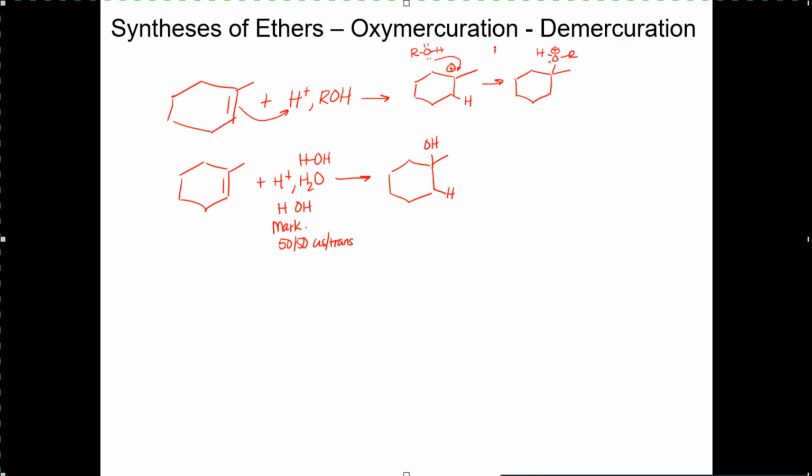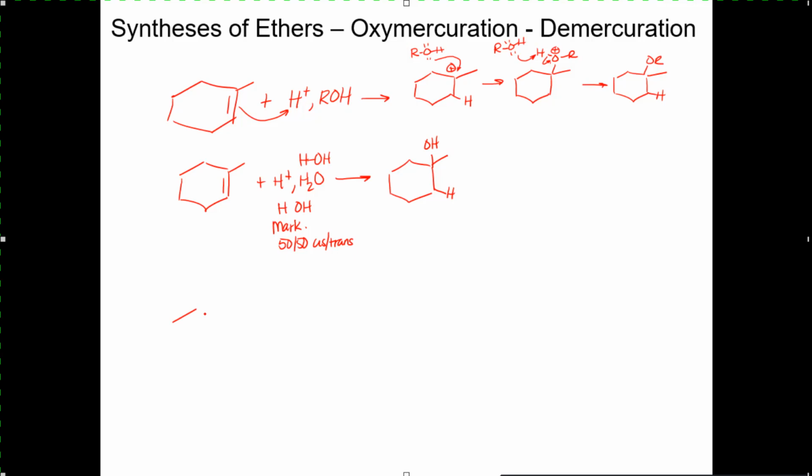Then another equivalent of alcohol would come in, catch this hydrogen as the pair of electrons goes back to form, as we lose H plus, our final product, which in this case would be the ether. So in essence we added H and OR across the double bond. That's a way to make an ether, by adding acid and alcohol to a double bond.